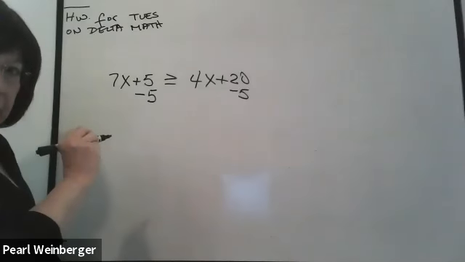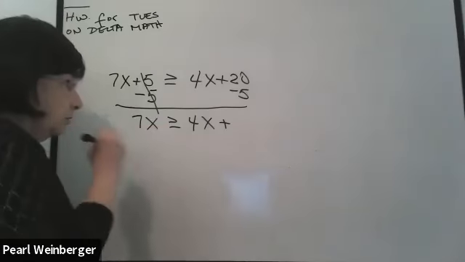Okay, so what I did was I started to move my numbers from the left to the right. So I subtracted 5 from 20. Is that how you did it? Yeah. Okay, so then the 5s cancel out. Then I got 7x is greater than or equal to 4x plus 15.